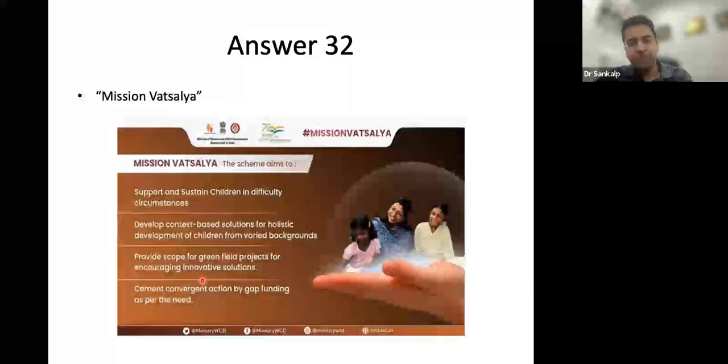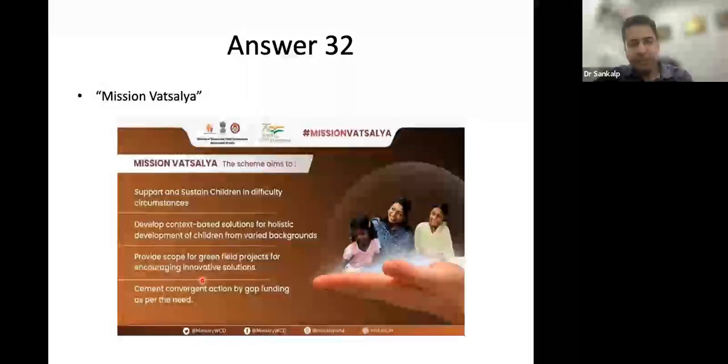So basically, those who are underprivileged, those who are in some form of danger, or where parents are not able to cope up and provide for the needs of the baby, then the government pitches in and provides support to such children. So this mission is called Mission Vatsalya.